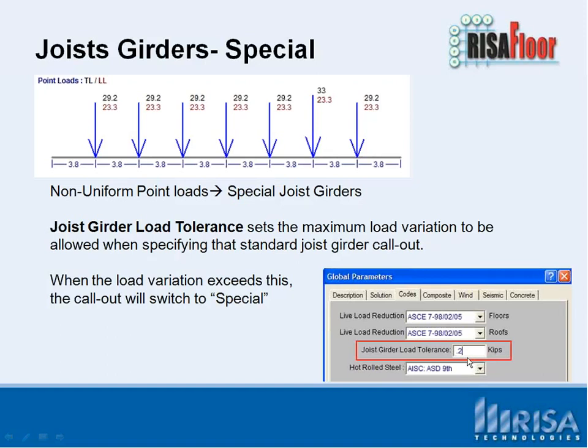That means if this little spike of load went above 0.2 kips between the rest of the other loads, we're going to call it out as special. But if it's maybe 0.5 kips, something smaller there, you can say that's justifiable. But you wouldn't want to make that tolerance too large, because you do want the folks who are making that girder alerted to that.